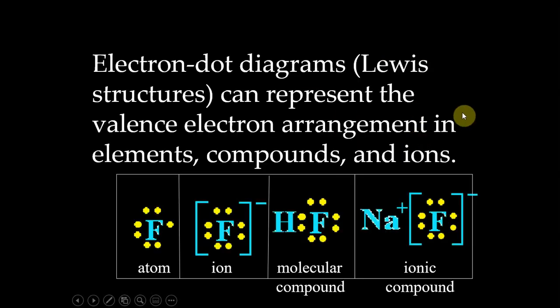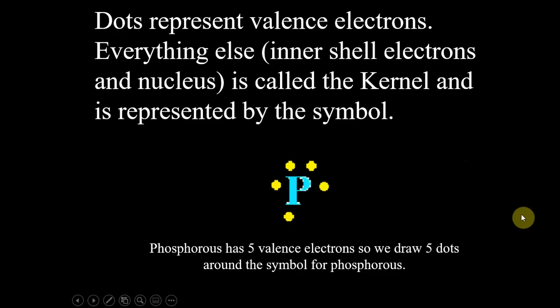Remember, Lewis dot diagrams, we can use them as a short form, first of all, for showing the electron configuration of the valence shell around an atom, an ion, molecular compounds, and ionic compounds. The dots represent the valence electrons, and the inner shell is the kernel, which is simply indicated by the symbol of the element.